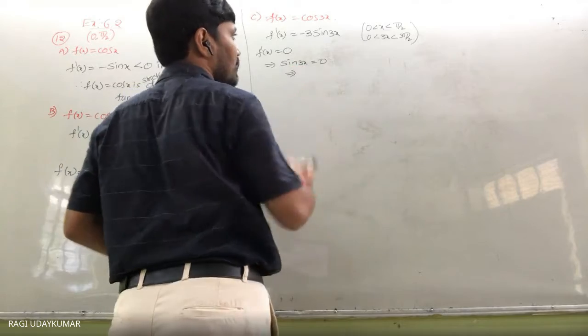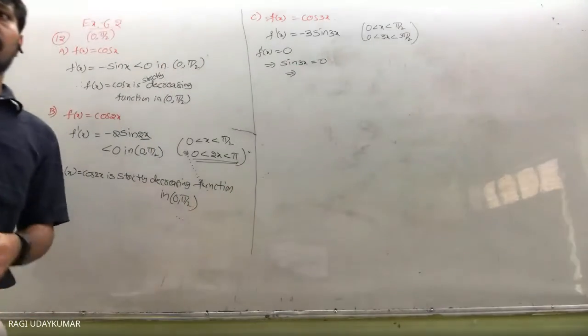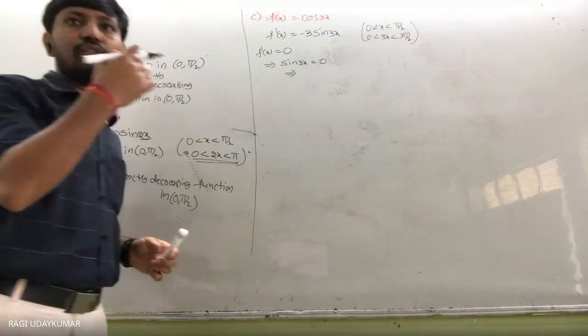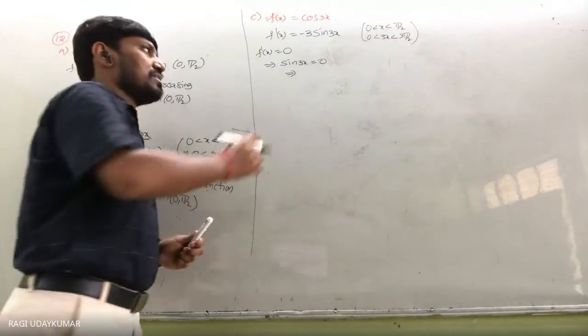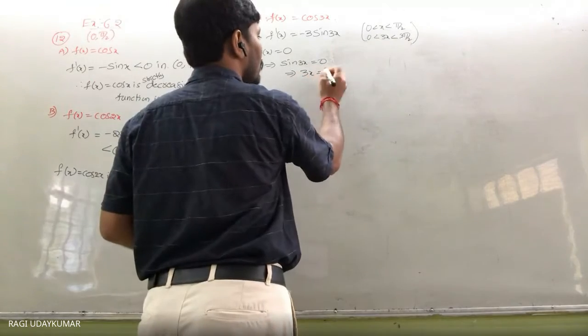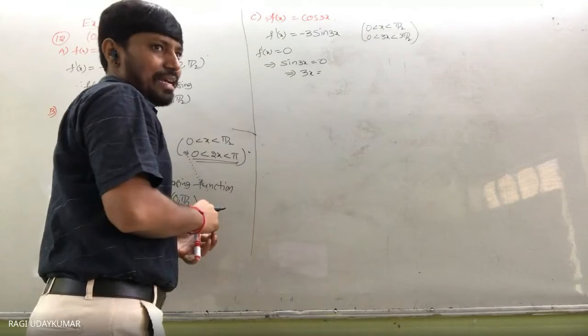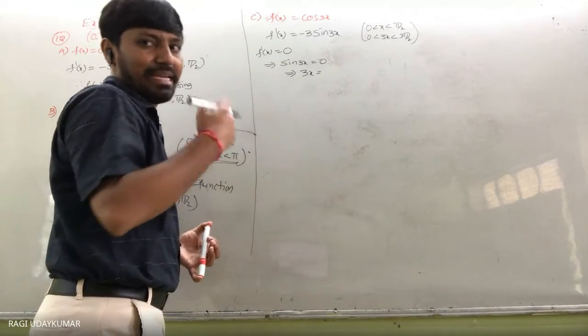So sin 3x equals 0. From this, 3x equals either 0 or pi, there may be a chance of having pi.